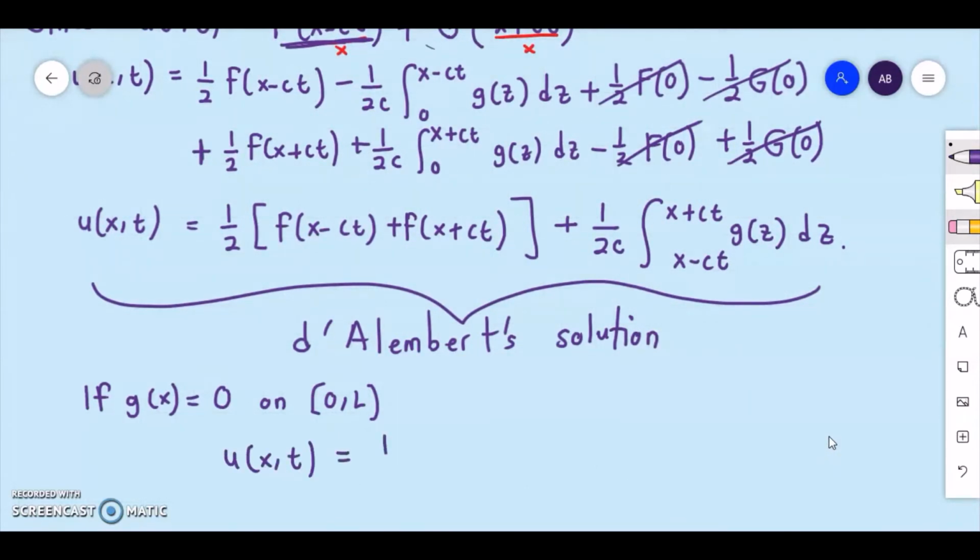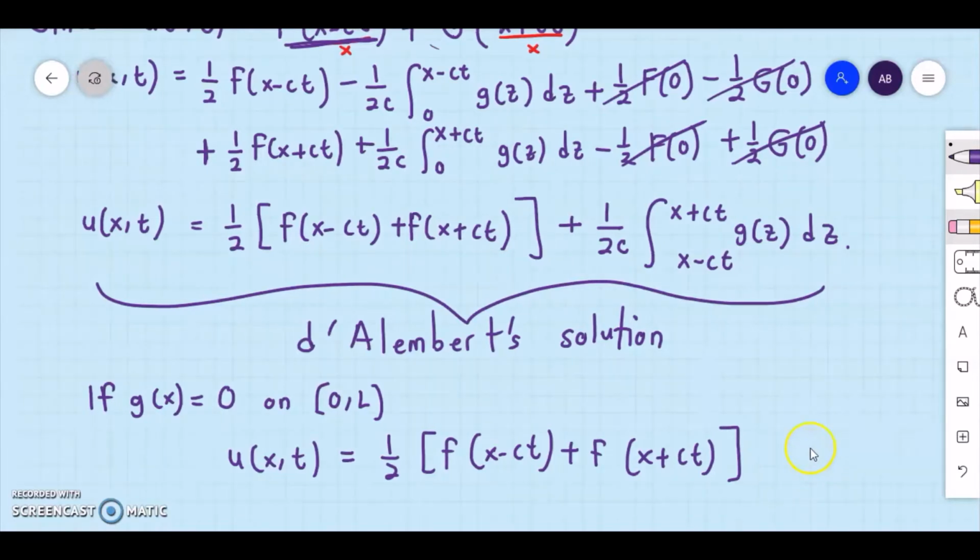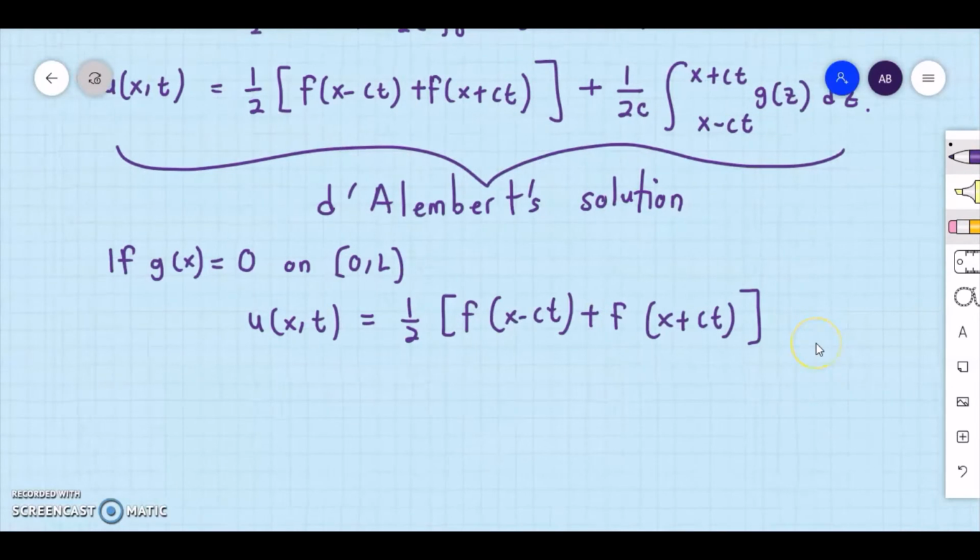Earlier on I have shown you. So similarly, we should get the similar solution in an infinite domain from minus infinity to infinity, when this g term is 0. Okay, that's all for today.